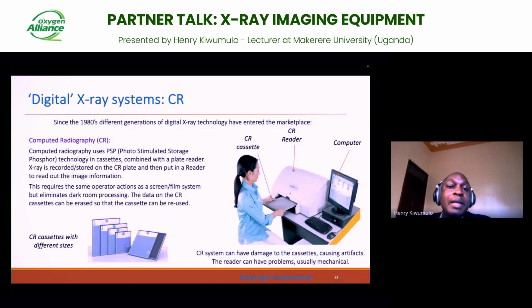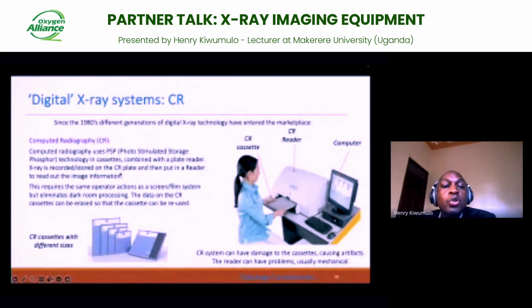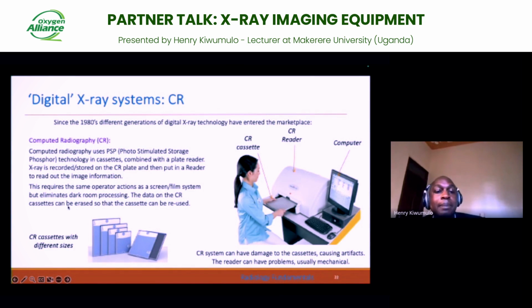However, with the advancements of technology, we have what we call computed radiography. This has been there since the 1980s, and different generations of these digital X-rays have entered the market. These computed radiography systems use PSP technologies in the cassette combined with a plate reader. The X-rays get recorded and stored in the PSP plate, and then they put this in the reader, and the computer reads it out.